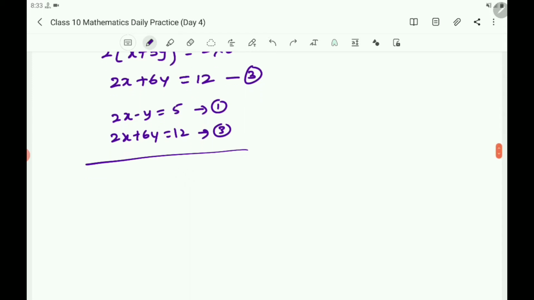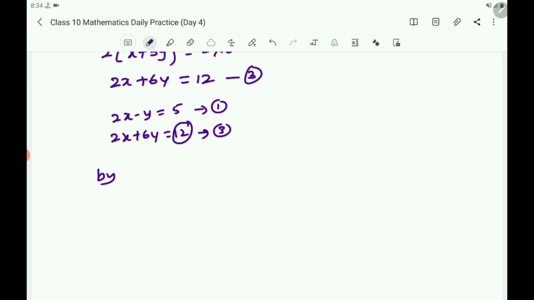So you write here, subtracting, or directly you can write 1 minus 3, or also you can do 3 minus 1, because here in 3 the values are larger.